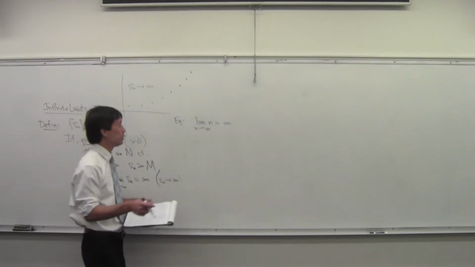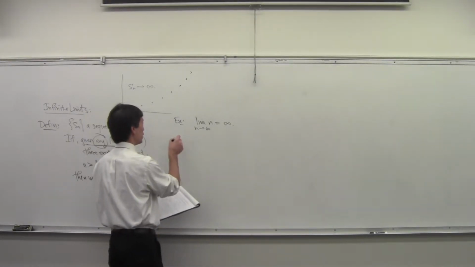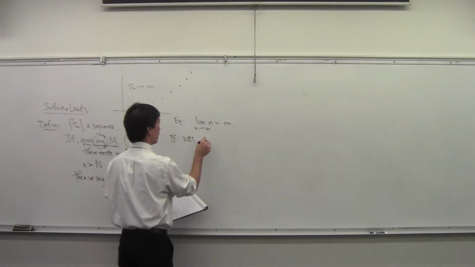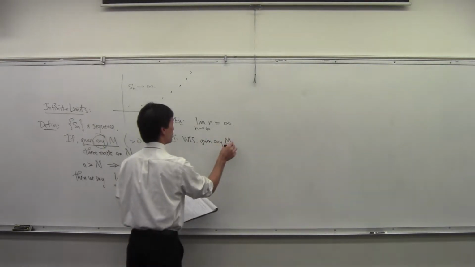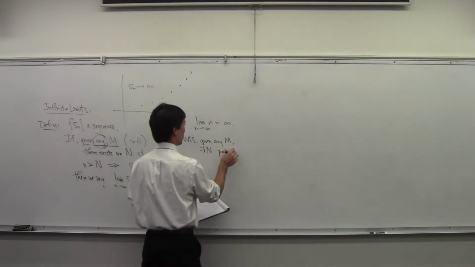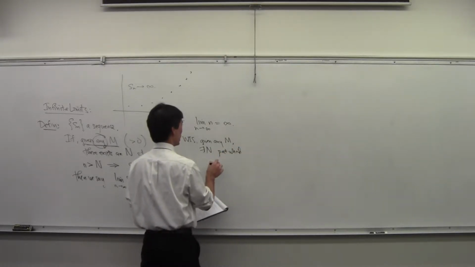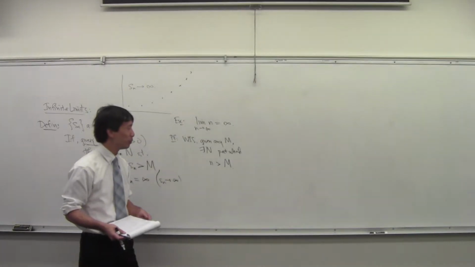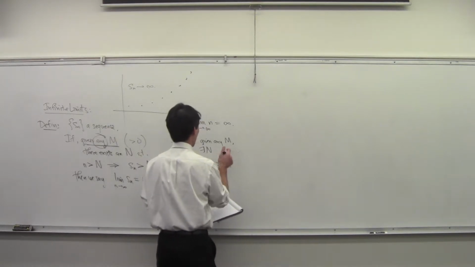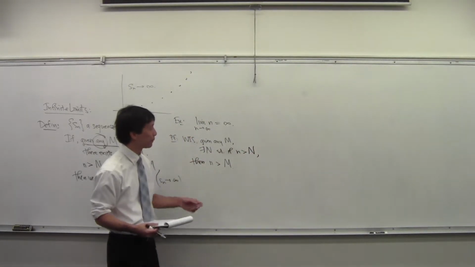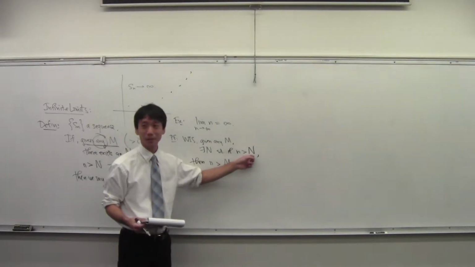You need to show that given any M, there exists an N past which n exceeds M. We need an N such that if n exceeds N, then n exceeds M. Well, what are you going to take as your N?